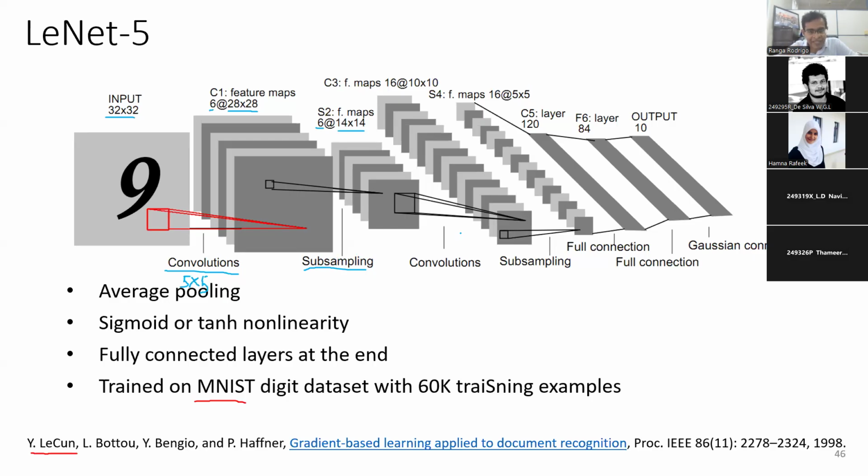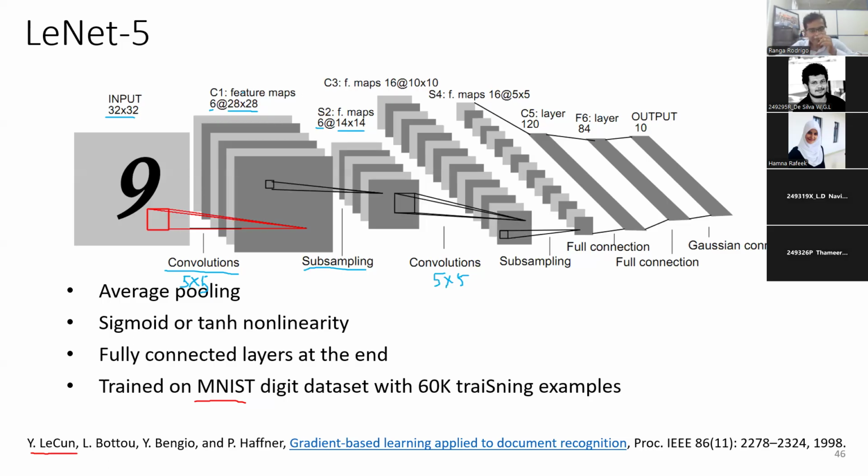Then again convolutions. So 14 has become 10, and there are 16 such maps. So this convolution must also be 5 by 5. Then subsampling again, stride 2. That's why the feature map size has reduced from 10 by 10 to 5 by 5.